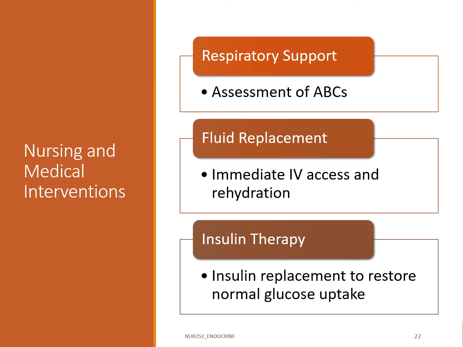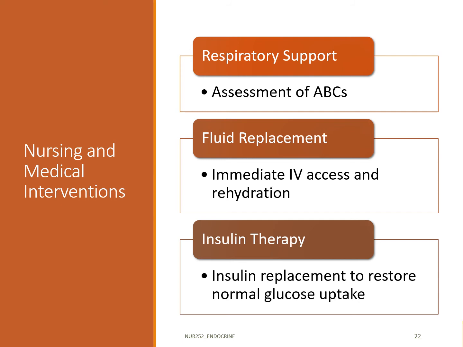Right atrial pressure or pulmonary artery pressure monitoring may be instituted to evaluate fluid requirements and to monitor the patient's response to treatment. Normal saline or 0.9% NS is the fluid of choice for initial fluid replacement because it best replaces extracellular fluid volume deficits.